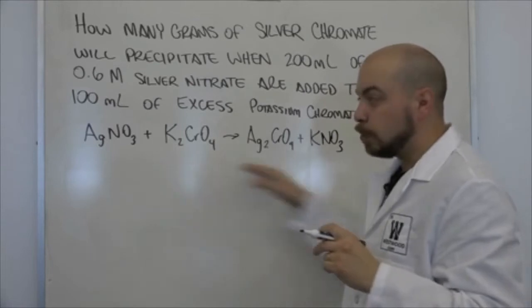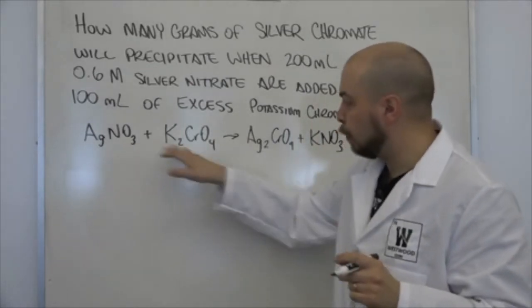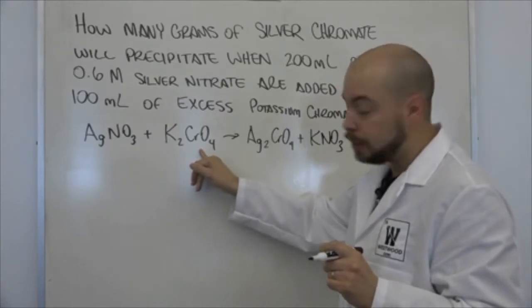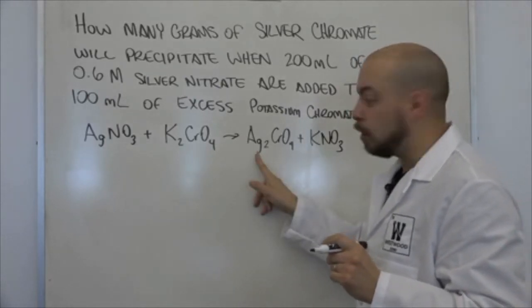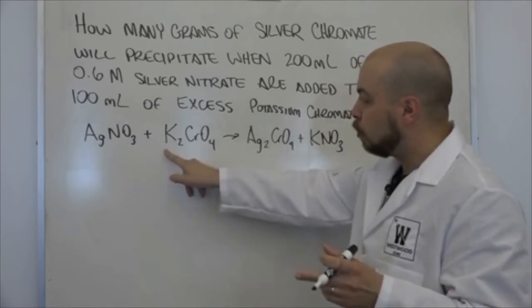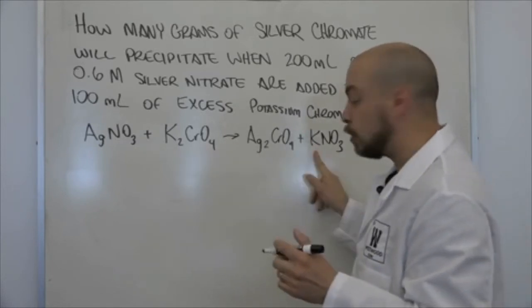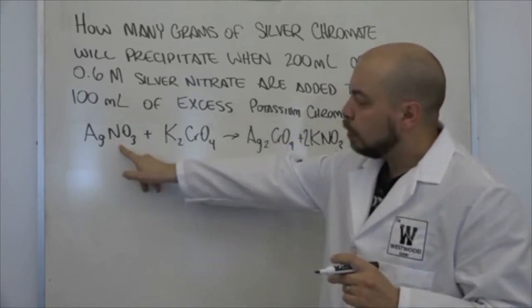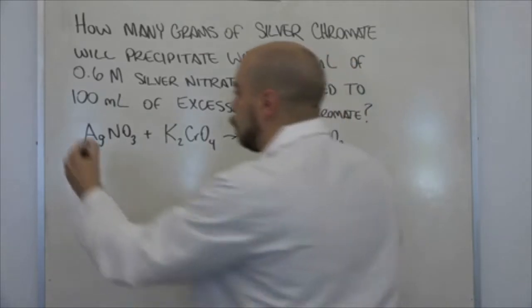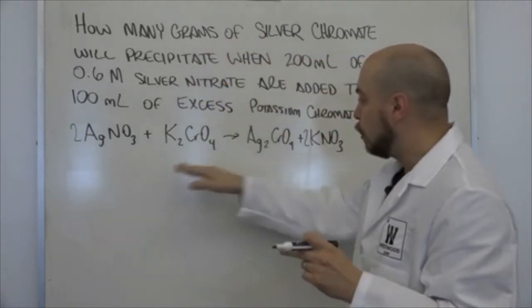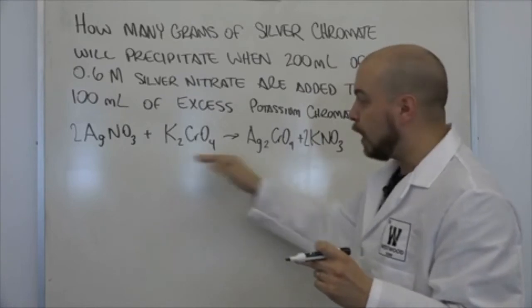So there's my chemical equation: silver nitrate plus potassium chromate, remembering that chromate, CrO4, is 2-, react to yield silver chromate and potassium nitrate. We need to balance. 2 potassiums here, which means we need a 2 in front of the potassium nitrate. That means the nitrate here needs a 2. Silver with a 2, 2 silvers here, so now we're balanced. So we've got a balanced chemical reaction.